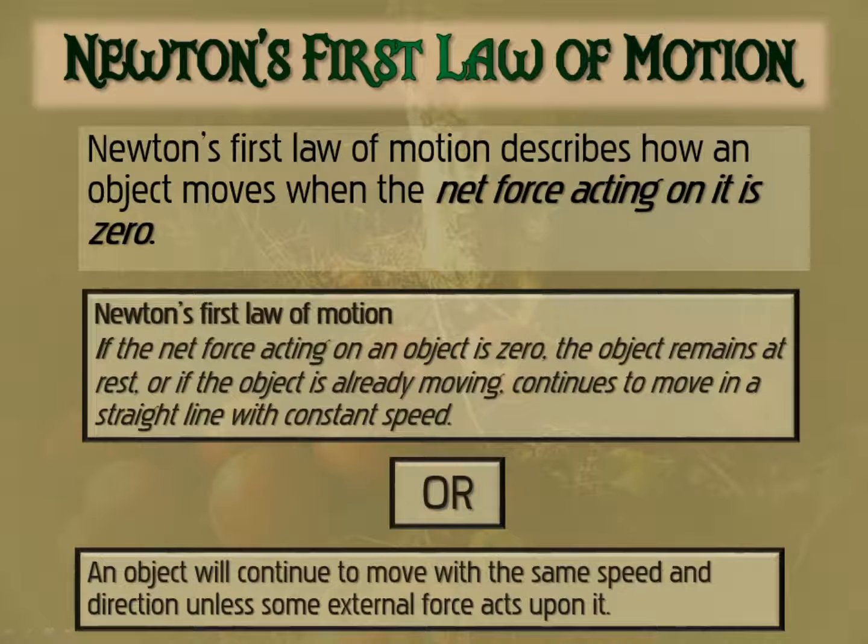So formally it says if the net force acting on an object is zero, the object remains at rest, or if the object is already moving, continues to move in a straight line with constant speed. So to say that in a slightly more simple form, an object will continue to move with the same speed and direction unless some external force acts upon it. So this is the statement of Newton's first law of motion.